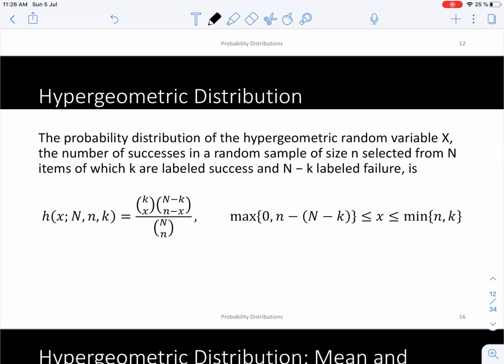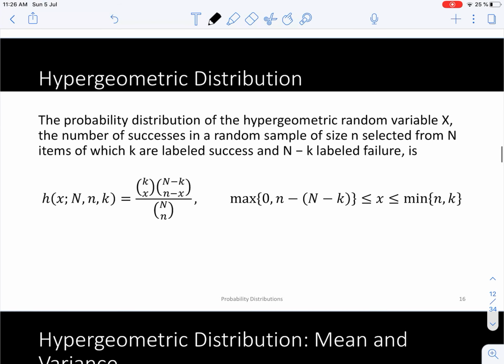This is the last distribution that we're going to cover in this video, the hypergeometric distribution. So it looks similar to the binomial. You have to be careful because the structure changes a little bit. So what's different here? In the structure of the hypergeometric, we have a batch size N. So we have a lot of N objects, N individuals, and inside those N objects some of them are labeled as k.